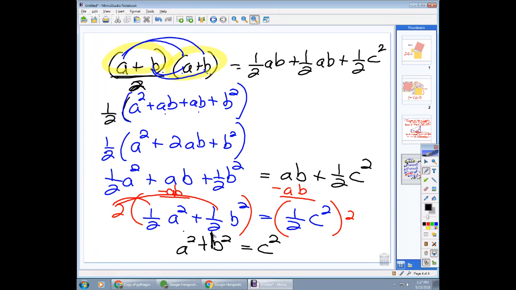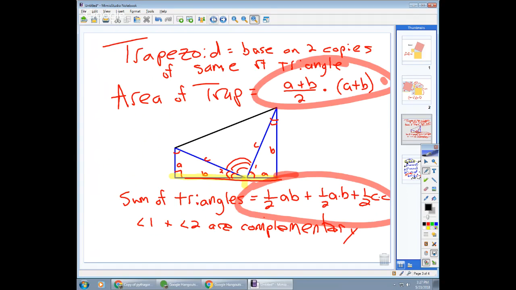Yeah, so that a president in the past, not in the last century, can discover this version of how to show the Pythagorean theorem is true using this trapezoid nobody else had ever seen before. It's pretty awesome.